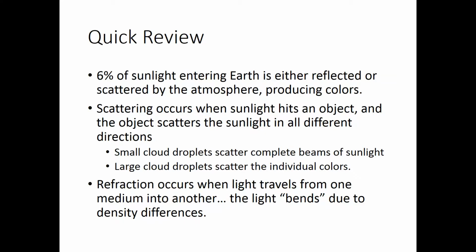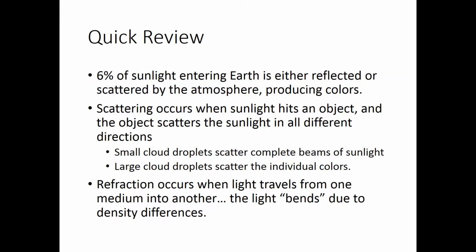Now, the idea of scattering comes from the fact that when visible light hits an object, that object then scatters the light in all different directions. The way that it usually works for cloud droplets is when the cloud droplets are really, really small, typically what happens is white light, which actually consists of all the different colors of sunlight, ends up being scattered in all different directions.